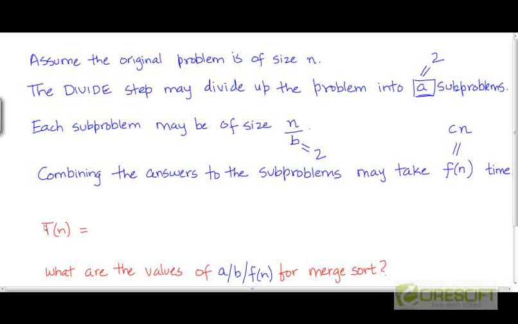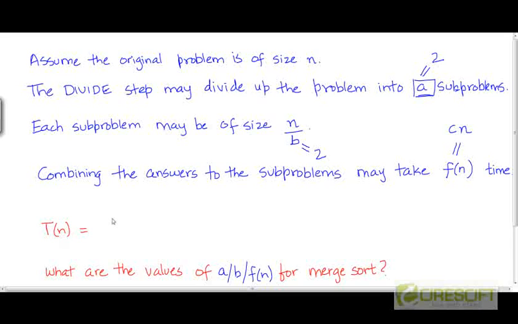So in general, if a divide and conquer algorithm splits a problem into a subproblems each of size n by b, and if it takes f of n time to combine the solutions to those subproblems, then the overall running time for an input of size n can be stated as T of n, which is equal to the time it takes to solve a subproblems each of size n by b, plus the time it takes to combine the answers to these subproblems into an answer for the overall problem.